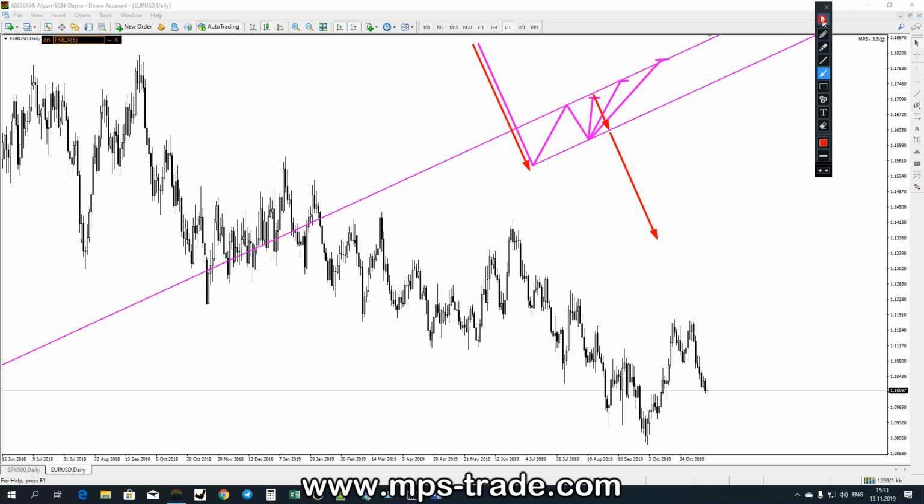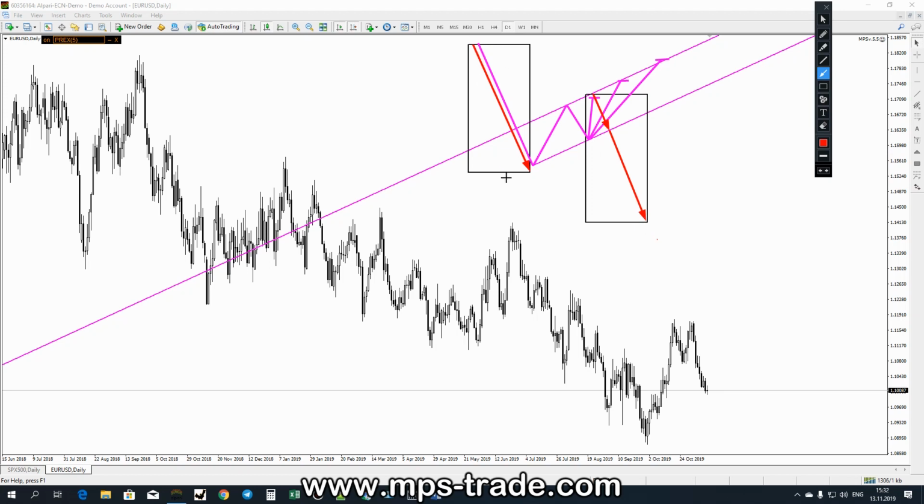And because we know that prices tend to move in equal ranges, just imagine this range and project it here. So you can aim to this level. Yes, you can aim to this point.